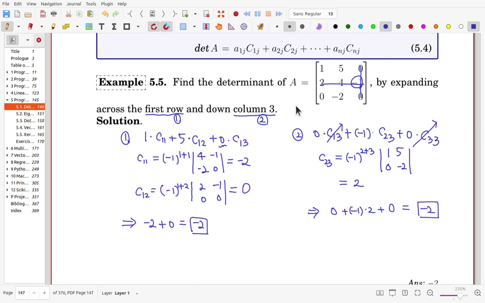The second one is that this second task is simpler. Once you make a cofactor expansion, you may choose a row or column that includes most of the zeros. In this case, if you choose the third row, only one entry is non-zero, so you can get the determinant much more effectively, right?